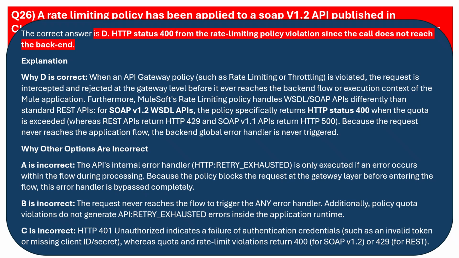Additionally, policy quota violations do not generate API:RETRY_EXHAUSTED errors inside the application runtime. C is incorrect. HTTP 401 Unauthorized indicates a failure of authentication credentials, such as an invalid token or missing client ID/secret, whereas quota and rate limit violations return 400 for SOAP version 1.2 or 429 for REST.